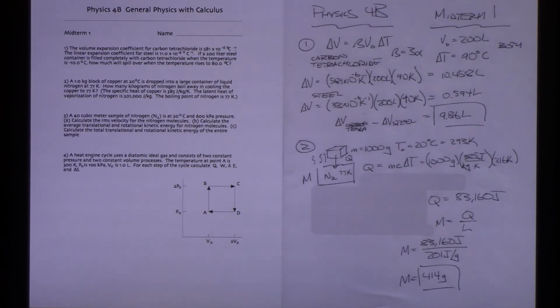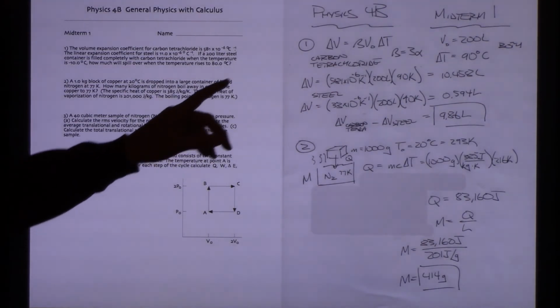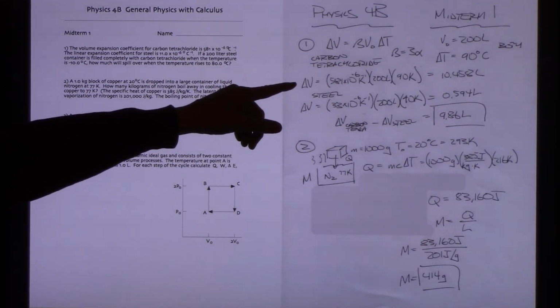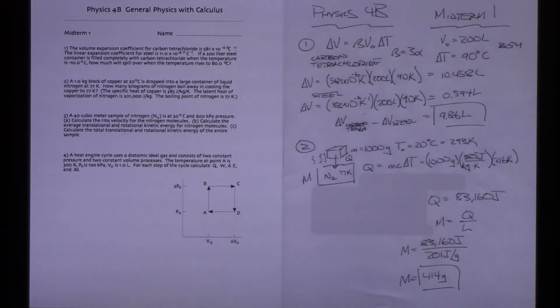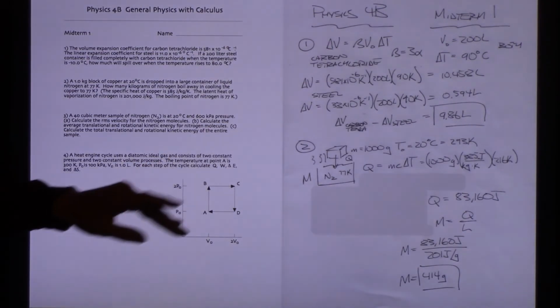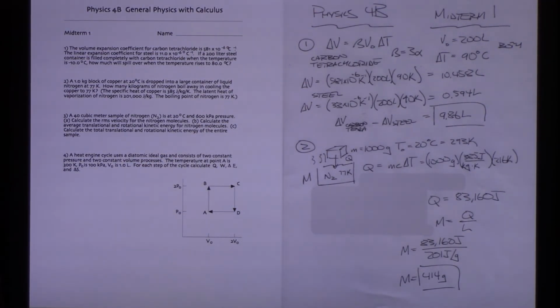We want to find out, during that 90 Celsius temperature increase, how much of a volume increase the carbon tetrachloride will have, and then find out how much of a volume increase the steel will have.